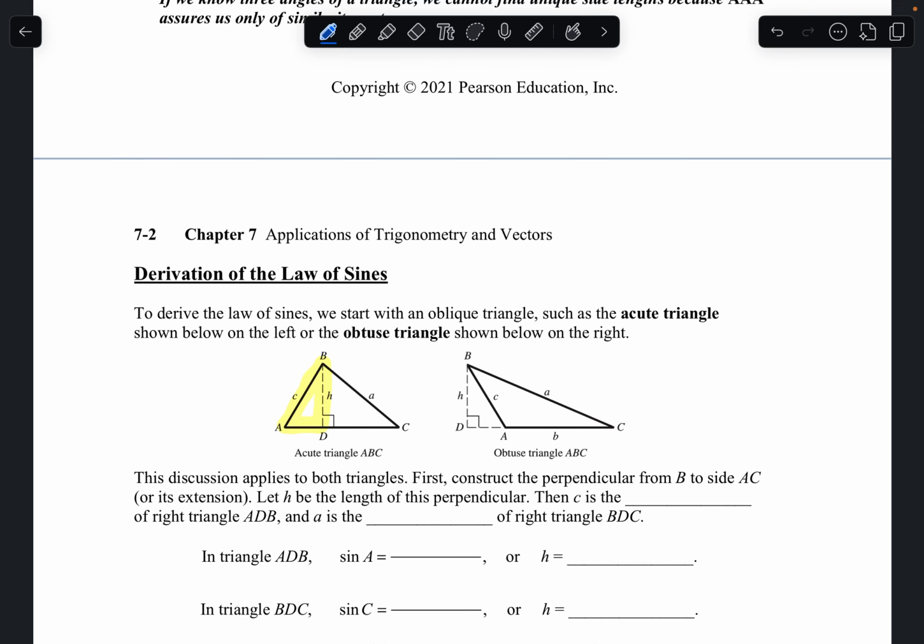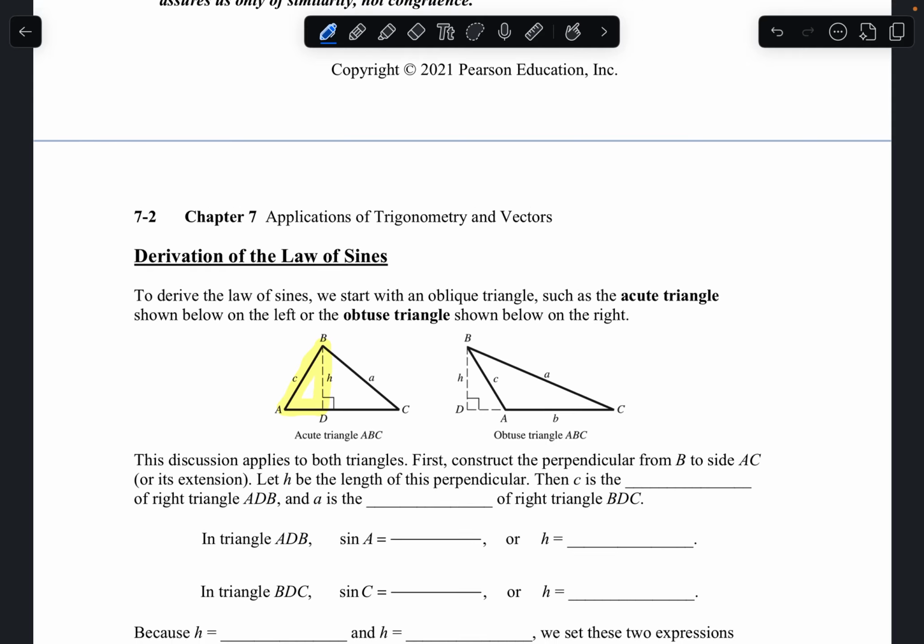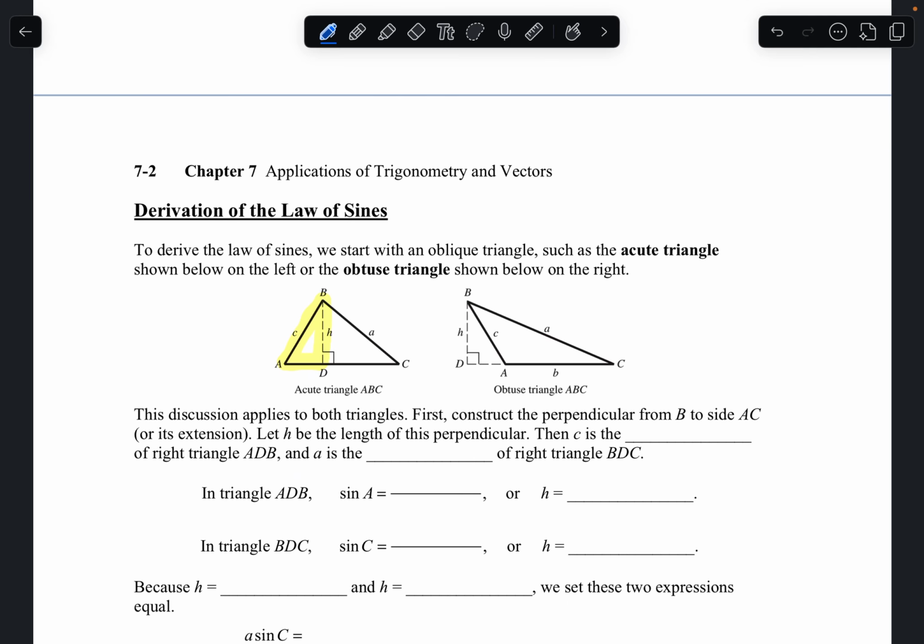To derive the law of sines, we'll start with an oblique triangle, such as the acute triangle shown on the left or the obtuse triangle shown below on the right. The discussion we have will apply to both triangles. We're going to first construct the perpendicular from vertex B to side AC, or its extension. Let H be the length of that perpendicular.